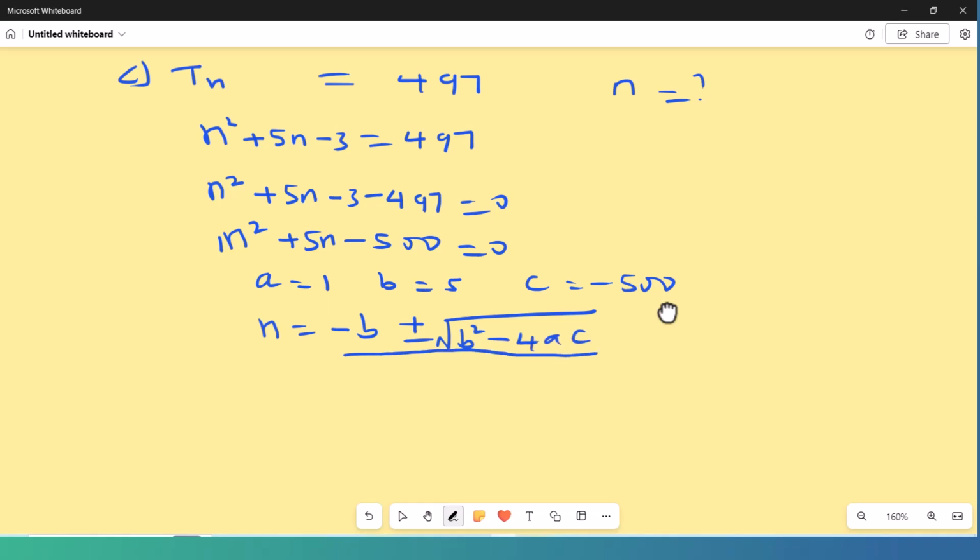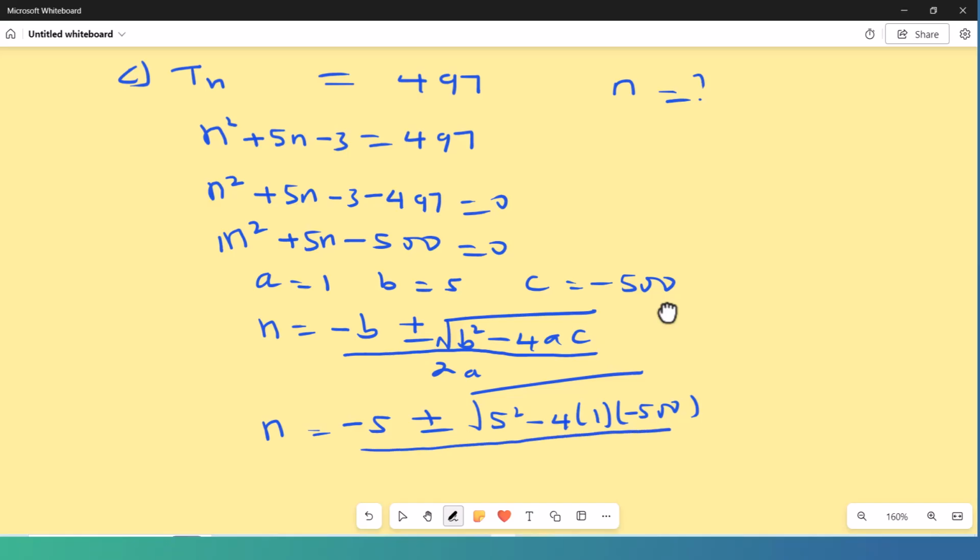So our b is going to be minus 5 here, plus or minus the square root of 5 squared minus 4, our a is 1, and ours is negative 500. Then divide by 2a, but our a is 1, so let's get our calculator here and see.